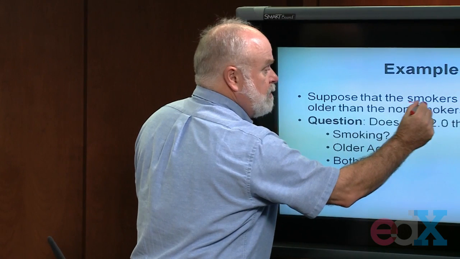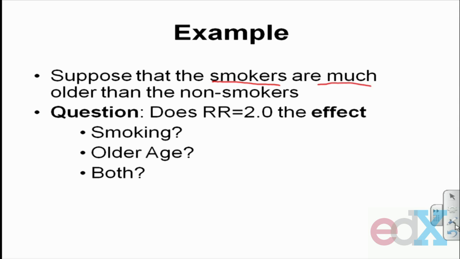You found this risk ratio, rate ratio equals 2.0, but then you look closely at your data, and you notice that the age distribution of your smokers was not the same as the non-smokers. Let's suppose that the smokers in your study are much older than the non-smokers. So really what you found was twice the incidence of heart disease among old smokers compared to young non-smokers.